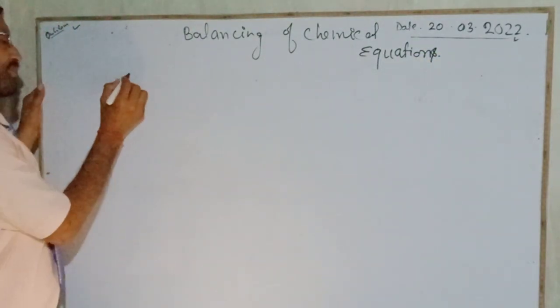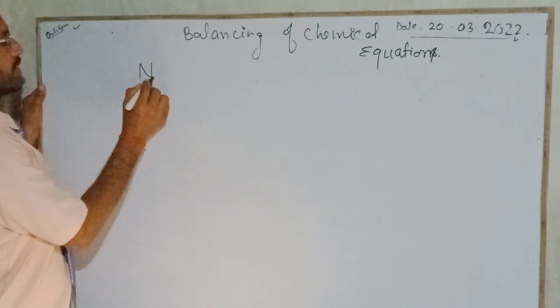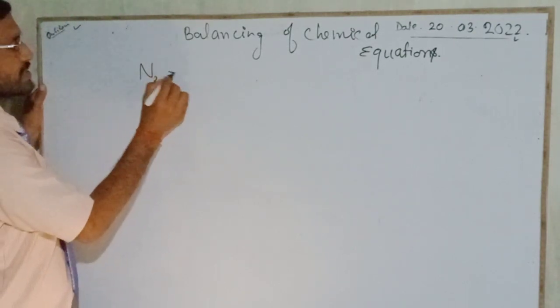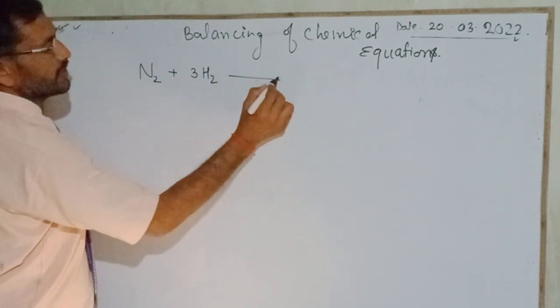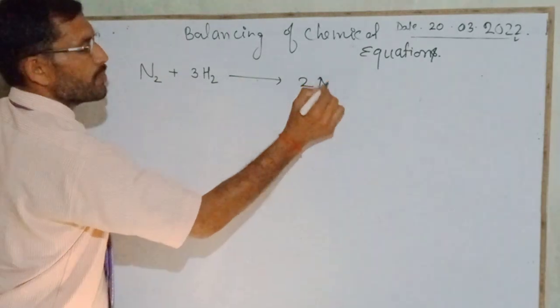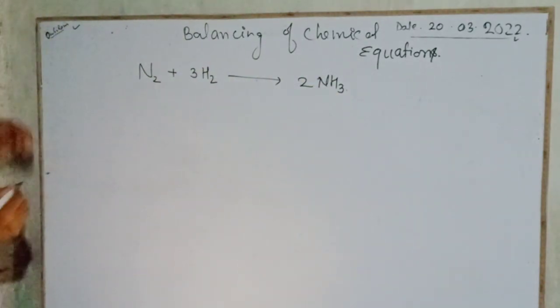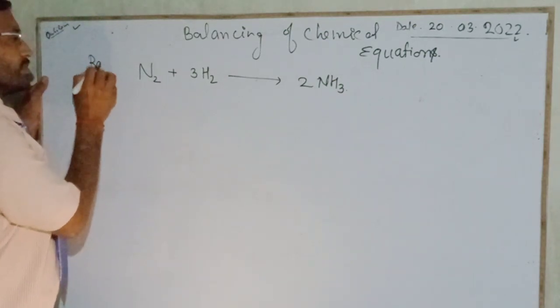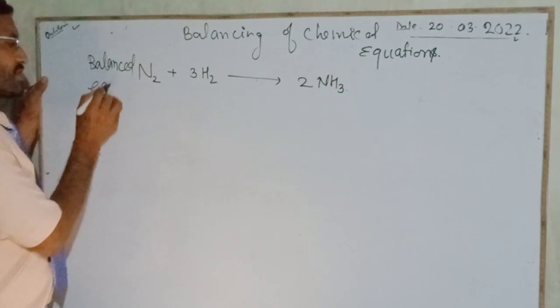Last time I had taken 1 molecule of nitrogen gas and 3 molecules of hydrogen gas giving rise to 2 molecules of ammonia. So this is the balanced equation.